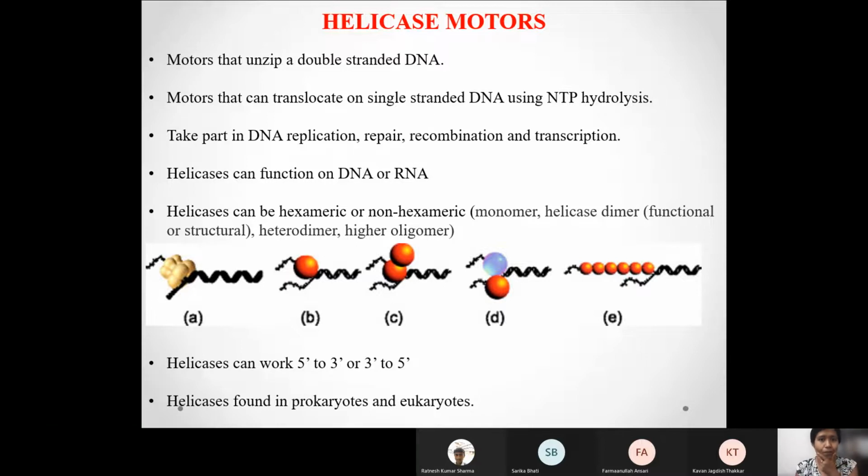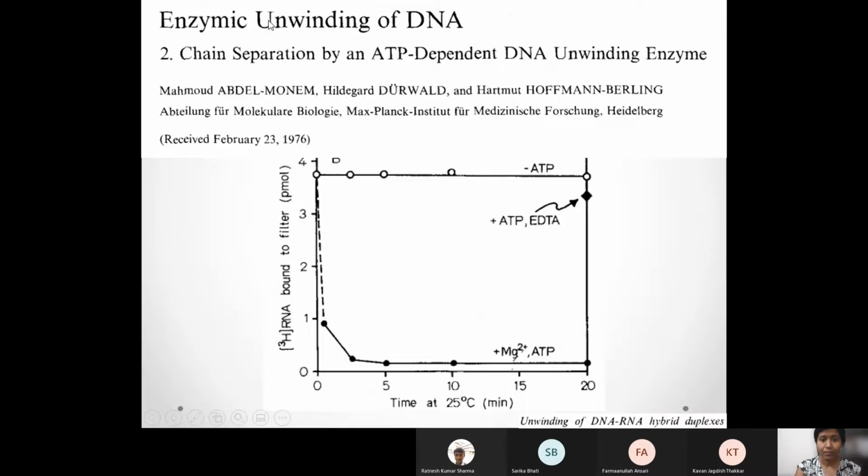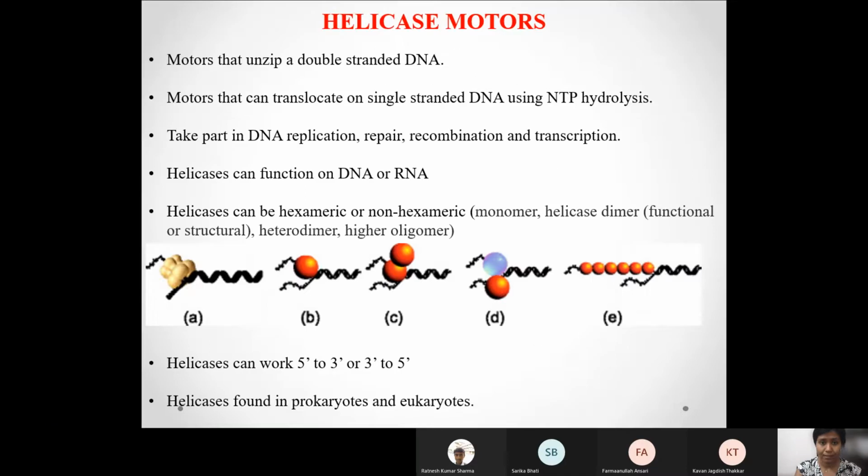Okay, so helicases, as we have learned, would not just be working on DNA, but they could also be working on RNA, right? In this example itself, you've seen that it works on DNA-RNA duplexes. It could also be RNA duplexes, DNA duplexes, etc. So helicases can function on both DNA or RNA.